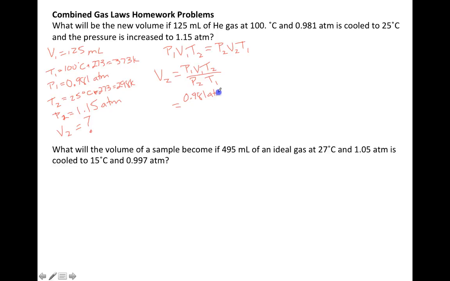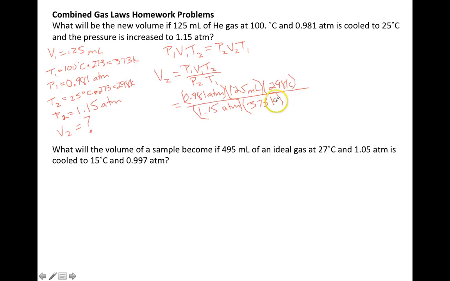So plugging things in, P1 is 0.981 atmospheres. V1 is 125 milliliters. And T2 is 298 kelvins divided by P2, which is the 1.15 ATMs, and T1 is 373 kelvins.